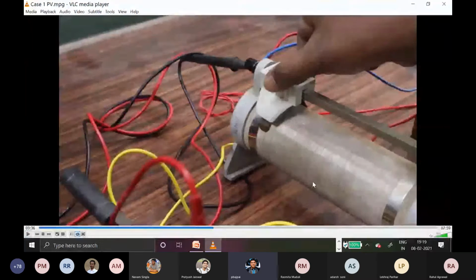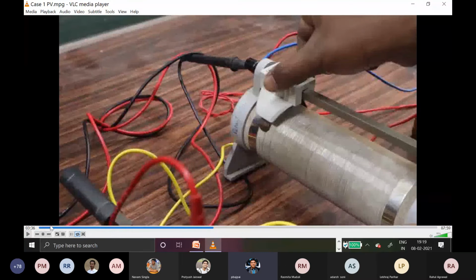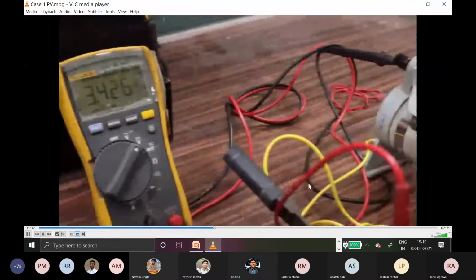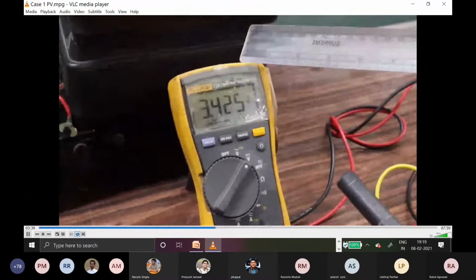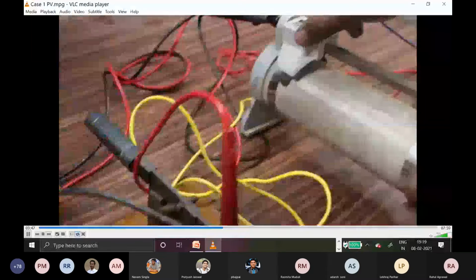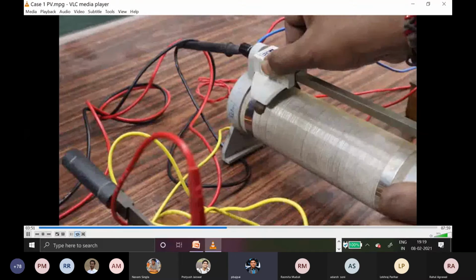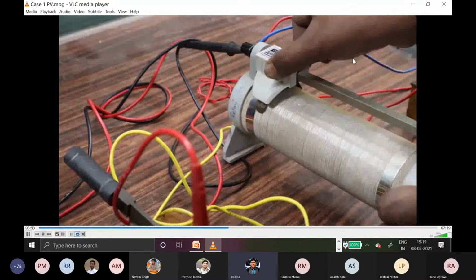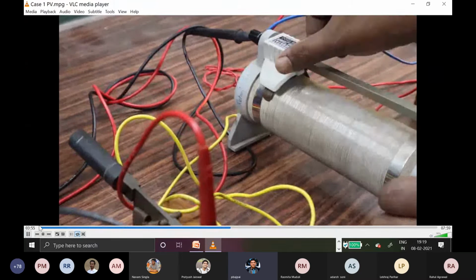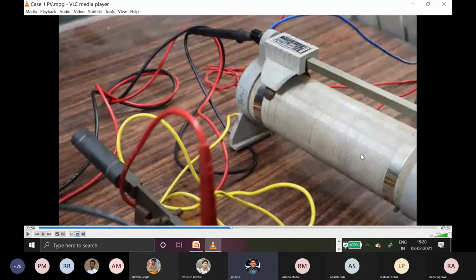So we are gradually increasing the load so that the current can increase and voltage is recorded accordingly. So rheostat is at maximum value. Now we can do the short circuit condition.